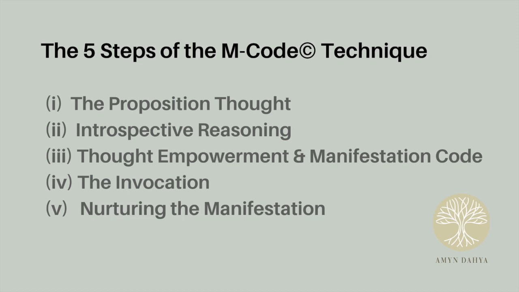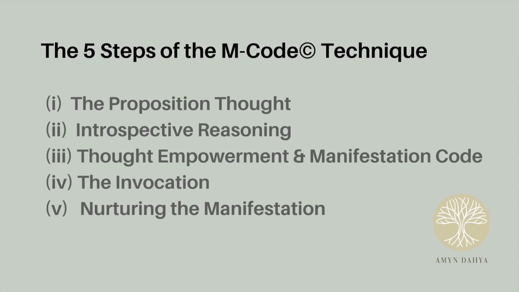So that's the invocation, and we can call the invocation our manifestation seed. And the last step is that once we have made our invocation and planted our manifestation seed in nature, we then have to consciously nurture it. And this is an ongoing process as we build upon our efforts to achieve our manifestation. So these are the 5 steps.